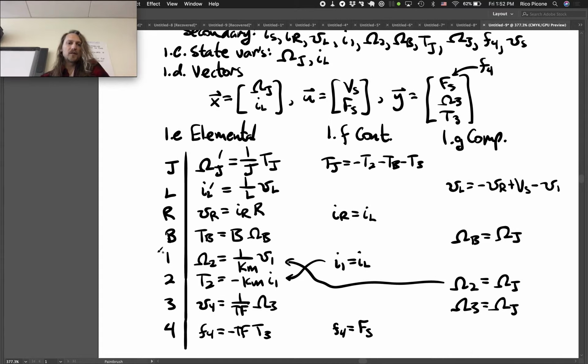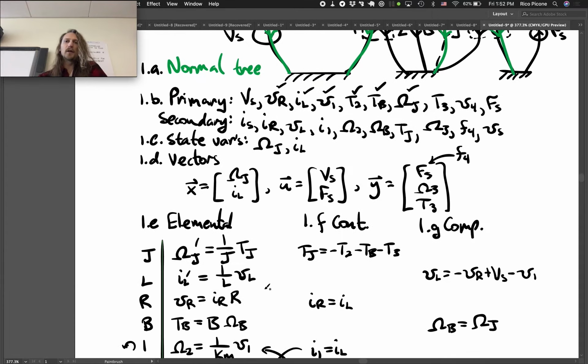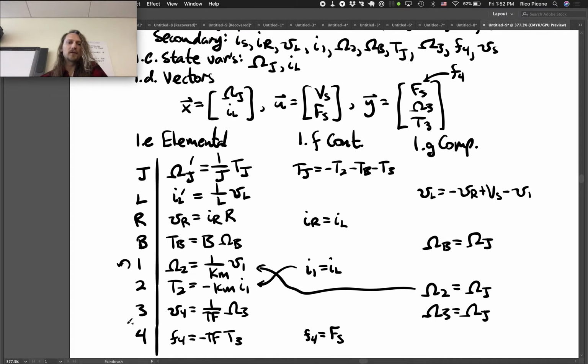So this one needs to be flipped. I'll do that. Flip this one. 3, so V4 and F4 are used next. V4 is a primary variable, so that's correct. F4 is a secondary variable, so we should solve instead for T3, so we should flip this one.